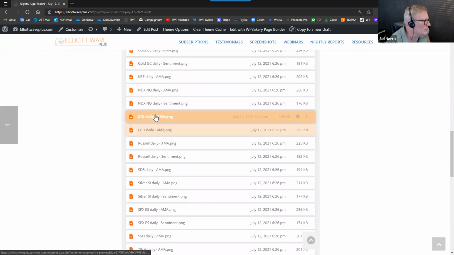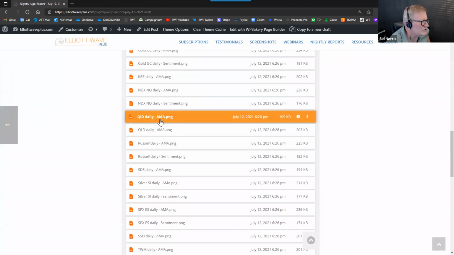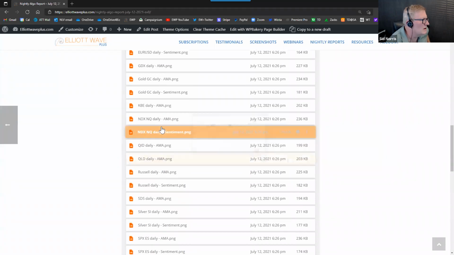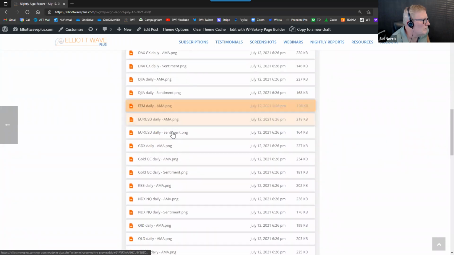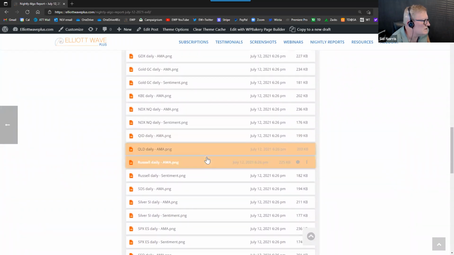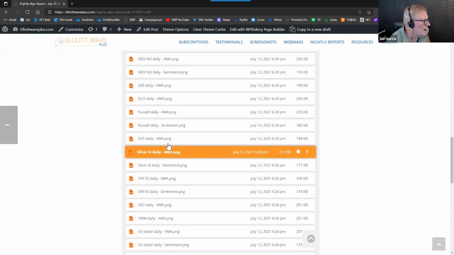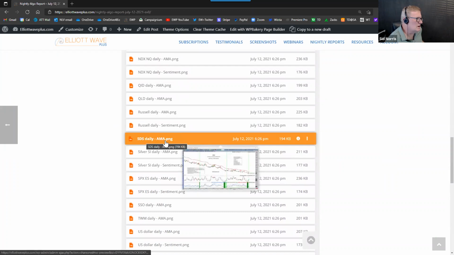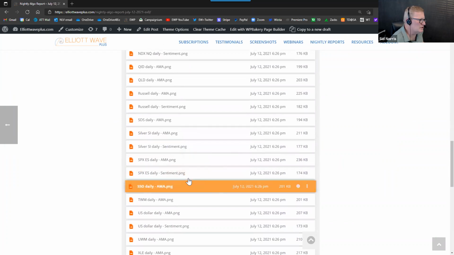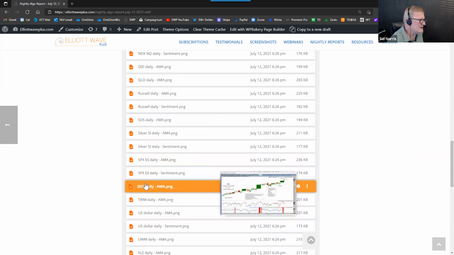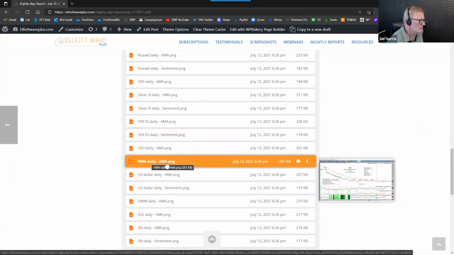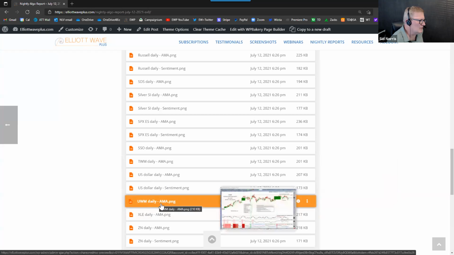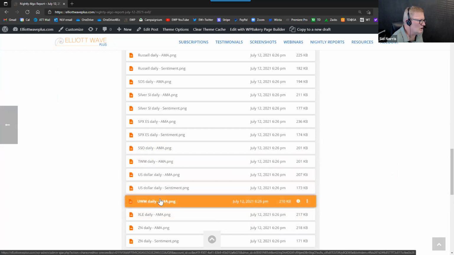We do have some leveraged ETFs we show on the NASDAQ every night, and then some currencies. And we are showing some ETFs on the S&P, leveraged 2 times bullish and 2 times bearish there. SSO and SDS, TWM 2 times bullish Russell, and UWM, 2 times bearish Russell. We include those.